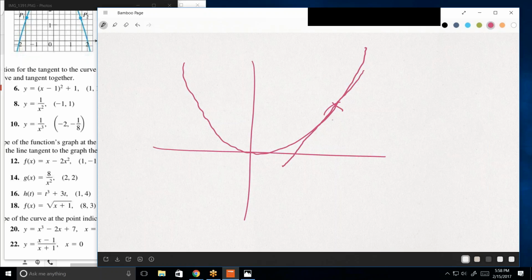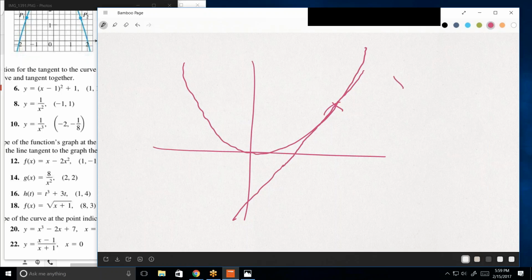And figuring out the equation of that line is even tougher. But the first thing you can do before you figure out the equation of a line is to figure out its slope. And once you have the slope and the point that it goes through, and they're giving you the point, so all you have to do is figure out the slope, then you can use the technique that I showed you to come up with the equation of the line.